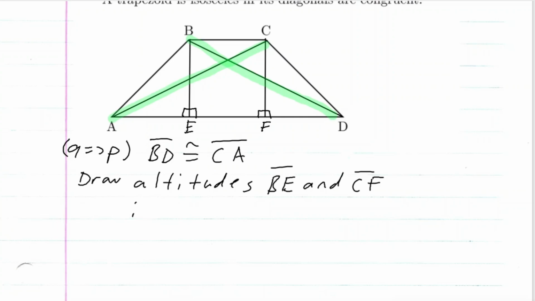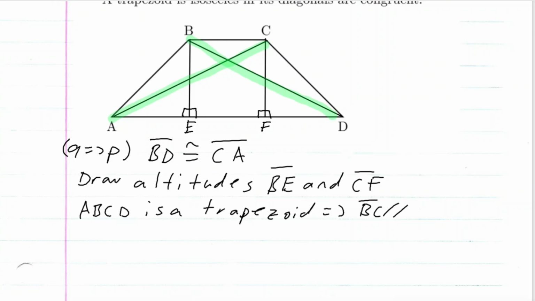So ABCD is a trapezoid, right? Implies that BC is parallel to AD, right? And we know that this and this are 180, so that means these must be parallel, right?